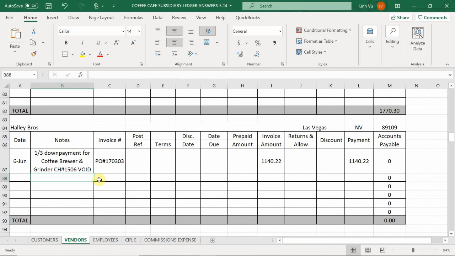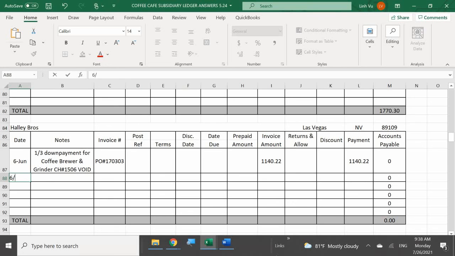I want you to enter into the second line because in this case, we caught our mistake a day later. So I want a trail of transactions saying this is what happened at first, and then this is what happened the next day.